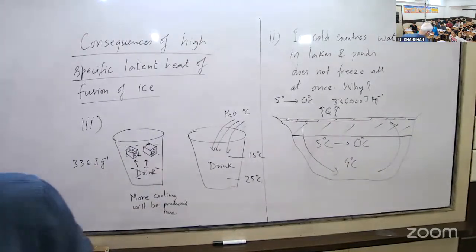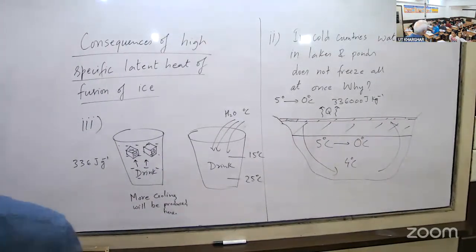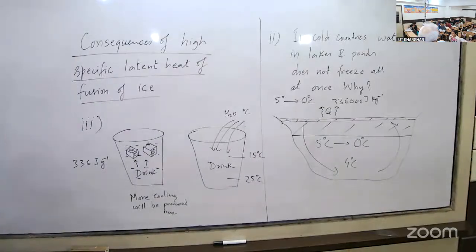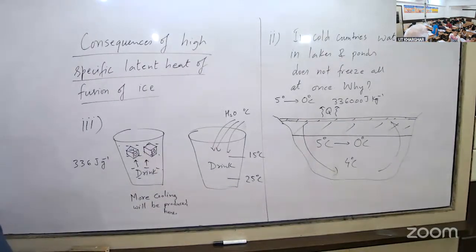Shall we do numericals? We have done numericals from part A? No. Everybody has Selena? Each table has a Selena? Okay, let's do numericals from Selena. You don't have Selena?